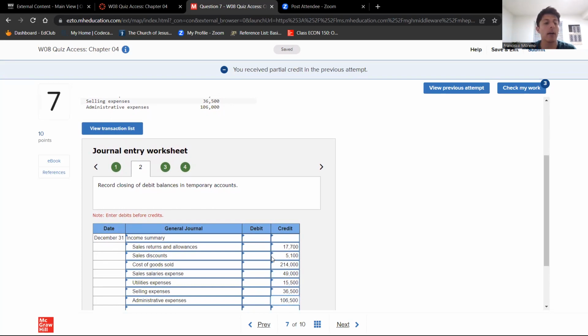And then we're gonna add them up, put the total amount into the income summary. I actually have an Excel doing that, so that's going to be the amount, the total expenses for this one. Maybe 4,400. And this is a debit, not a credit.